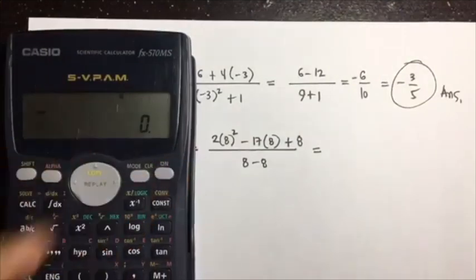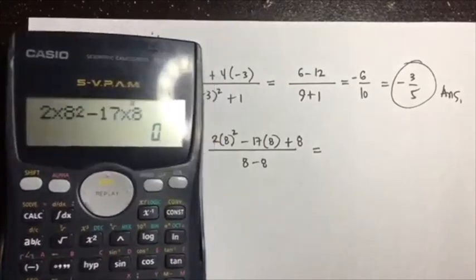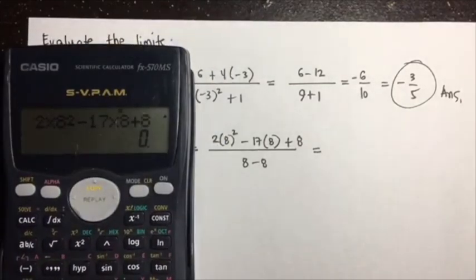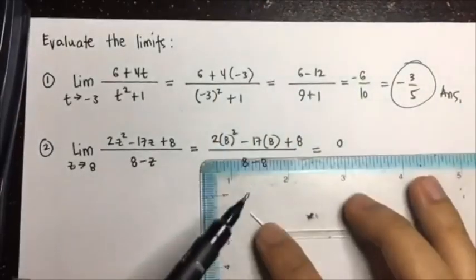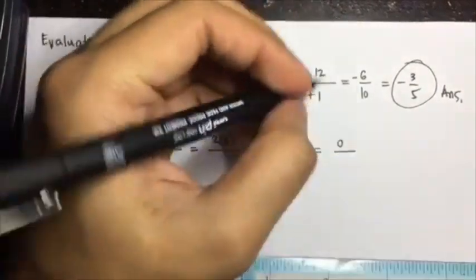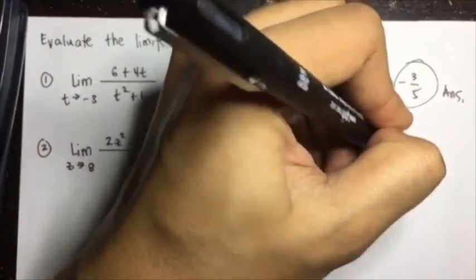Using our calculator, 2 times 8 squared minus 17 times 8 plus 8 is 0, over 8 minus 8, which is 0. So this is indeterminate.